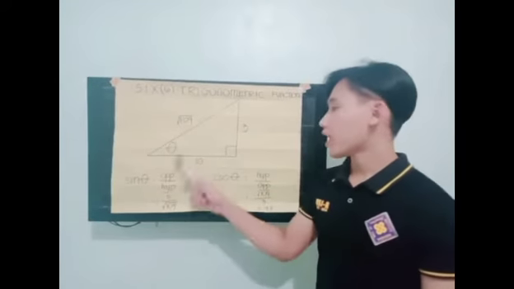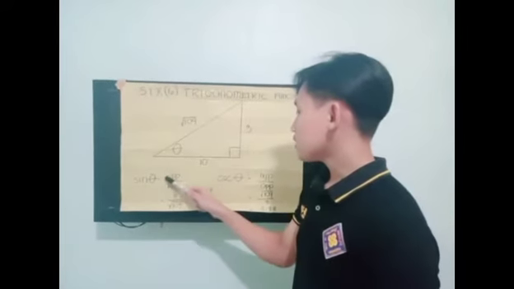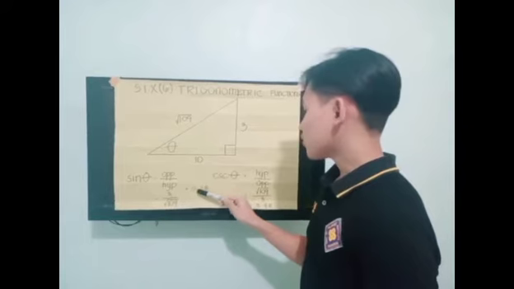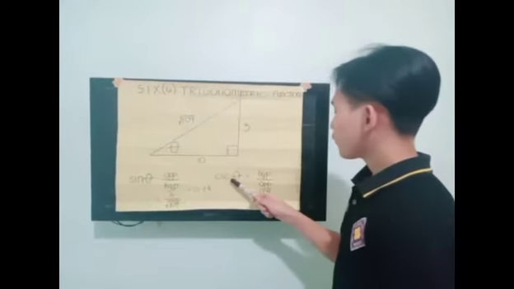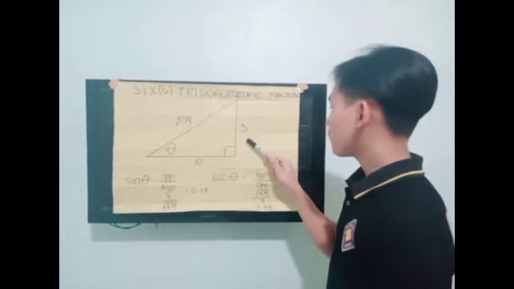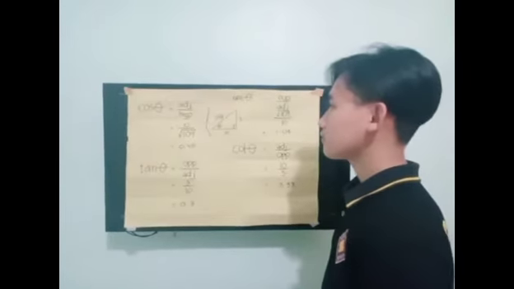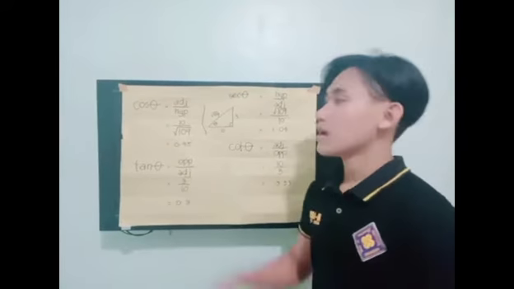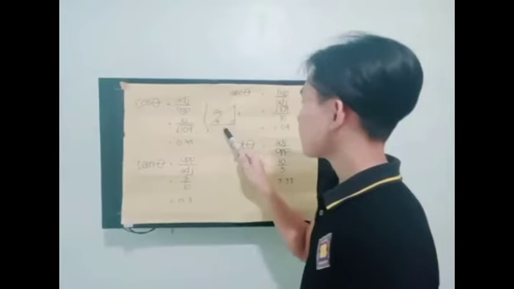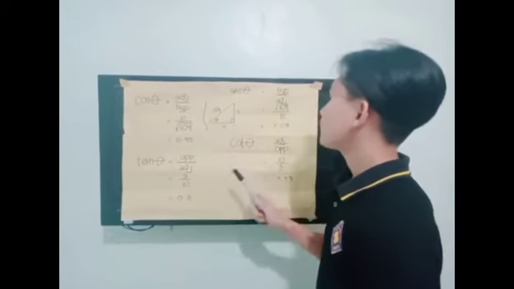In finding the value of angle theta, sine theta is equal to the opposite over the hypotenuse, which is equal to 0.28. And cosecant theta is equal to hypotenuse over opposite, which is 3.48. Next, cosine theta is equal to the adjacent side over the hypotenuse, which is 0.95.